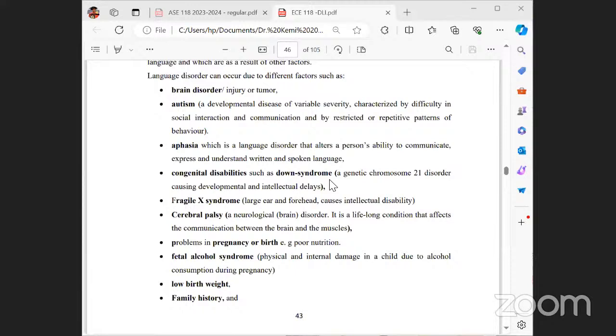Autism is another factor, which is a developmental disease of variable severity. It is characterized by difficulty in social interaction and communication, and by restricted or repetitive patterns of behavior.